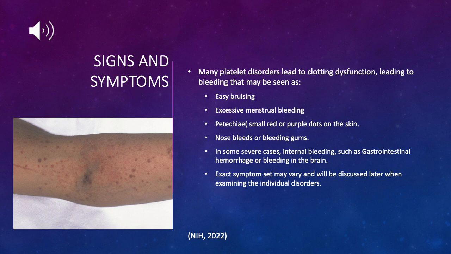There's also the possibility of bleeding in your brain or spinal cord, but those are usually the more severe cases, and these other symptoms are usually seen prior to those life-threatening signs and symptoms.